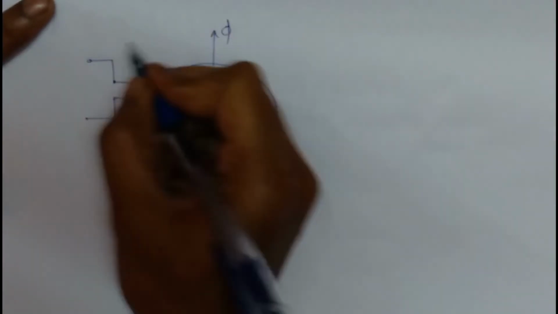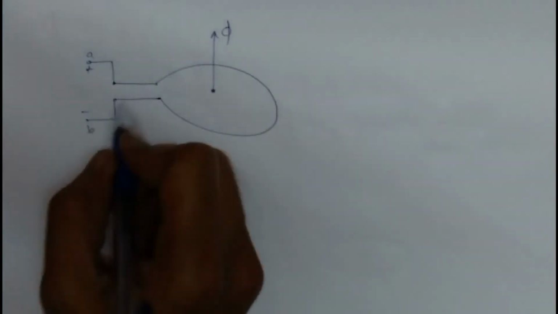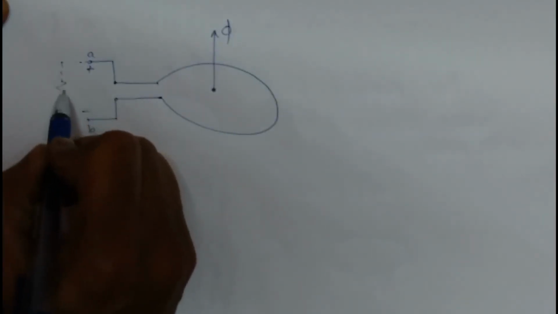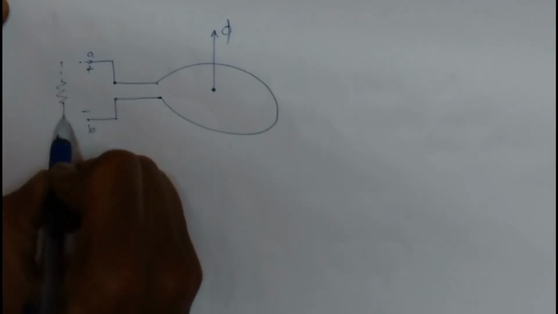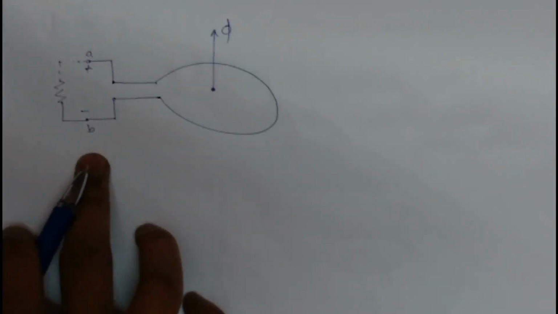What does it mean? Let's connect a resistor here. We have a resistor and VAB is our induced EMF, and now we are trying to find the direction of this induced EMF.